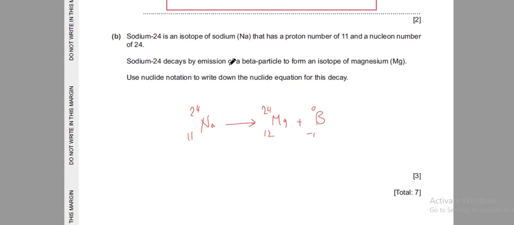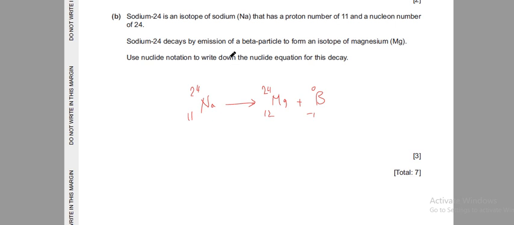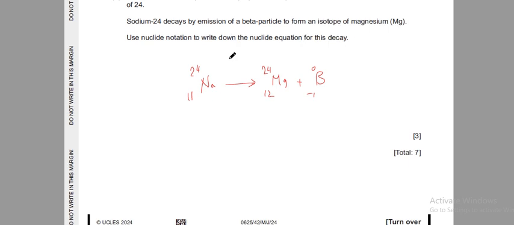Sodium-24, an isotope of sodium, has 11 protons and a nucleon number of 24. It decays by beta emission to magnesium. Write the nuclide notation. So here is the sodium 11, 24, here is the magnesium.